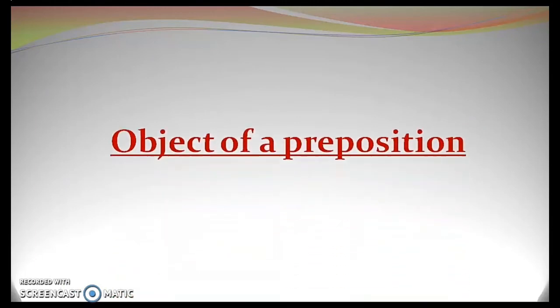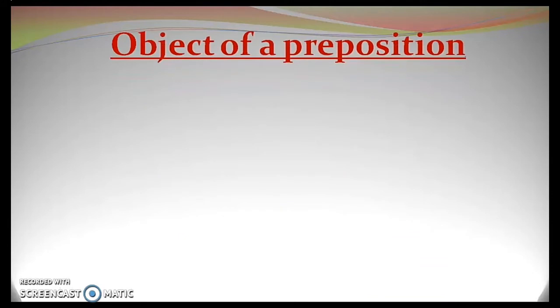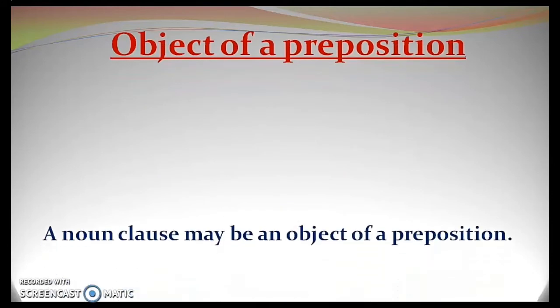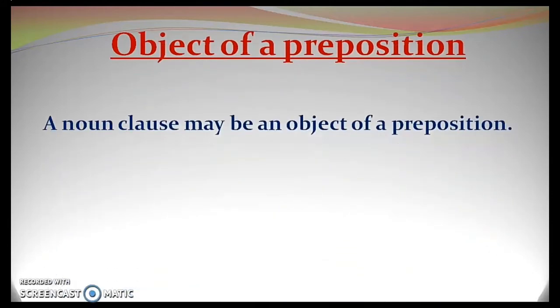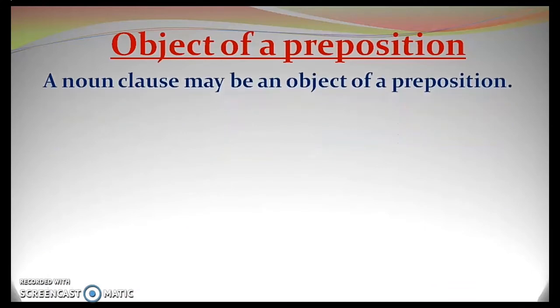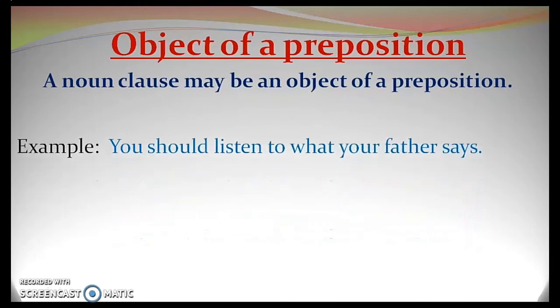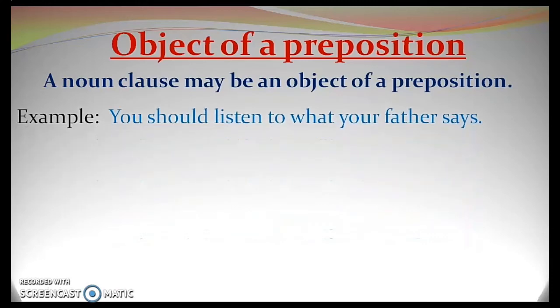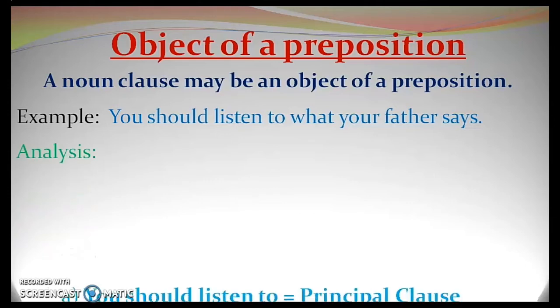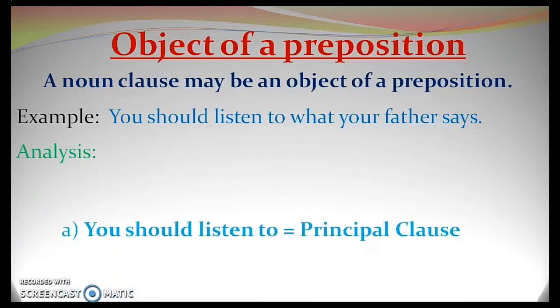Object of a preposition. A noun clause, like a noun, may be an object of a preposition. Example: you should listen to what your father says. Analysis: you should listen to equal to principal clause.